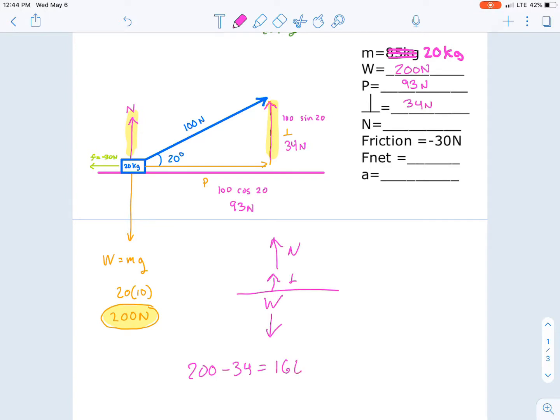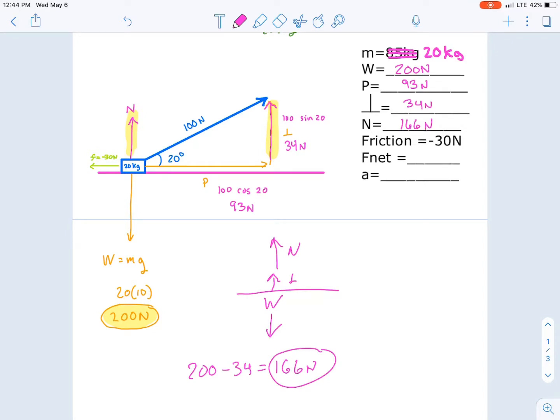Nope, 166, sorry about that. If I make a math mistake and I don't catch it, just correct it, and I think you'll get the gist of it, right? All right, so I got 166. So 166 was my normal force. Does that make sense? Equal and opposite to the forces down are the forces up.